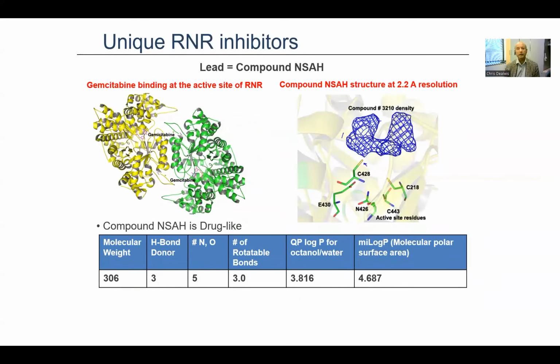So, as I said, we solved the structure of NSAH, but we also solved the structure earlier on with gemcitabine, and it is showing that it is binding at the same site as gemcitabine, the cancer target.